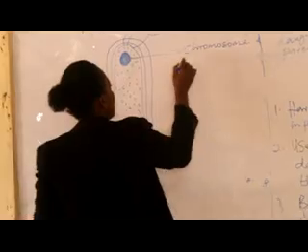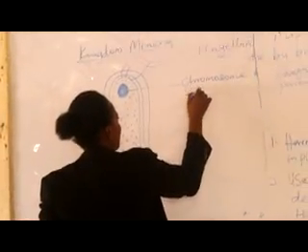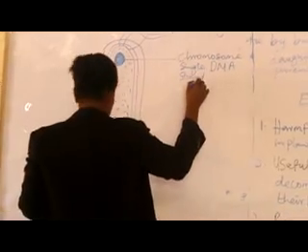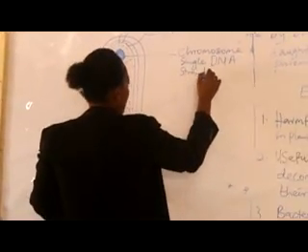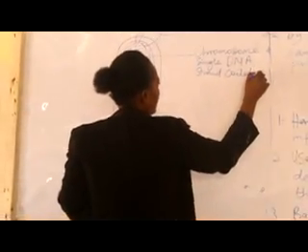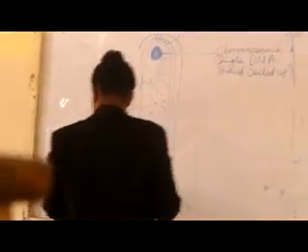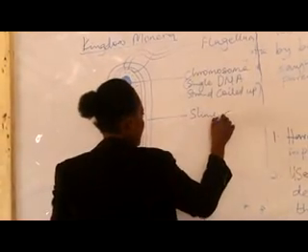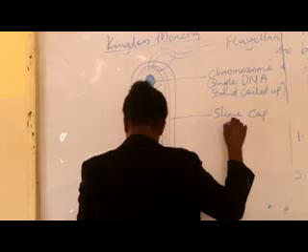Chromosome, single DNA strand, coil. Slime capsule. They have a capsule. That's why they are resistant to heat.